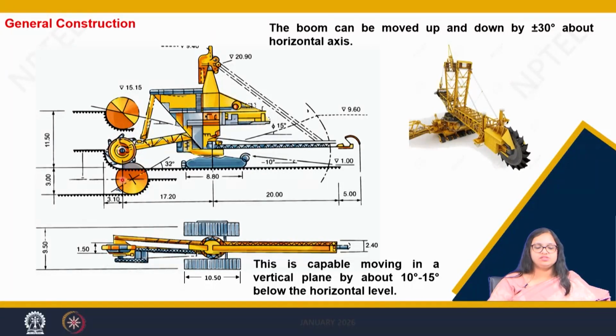Now while it is doing the cutting operation, it moves at an angle of plus or minus 30 degrees along the horizontal axis. However, when it moves sideways, it is capable of moving around 10 to 15 degrees along the vertical axis, as is shown here.